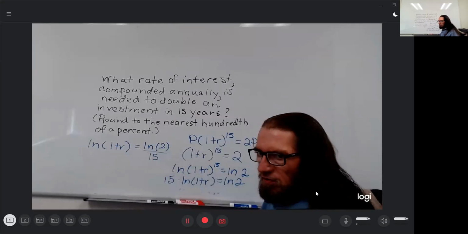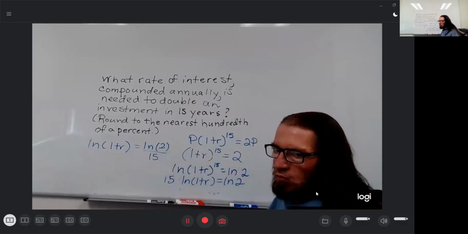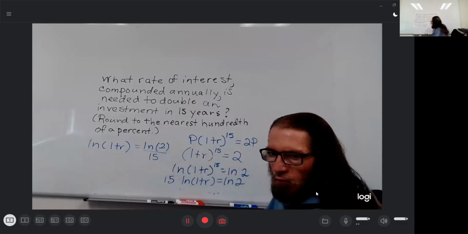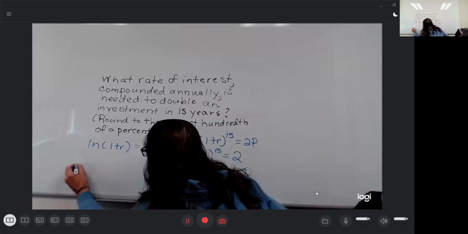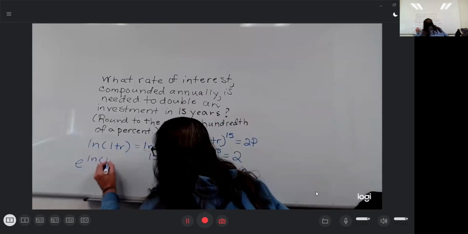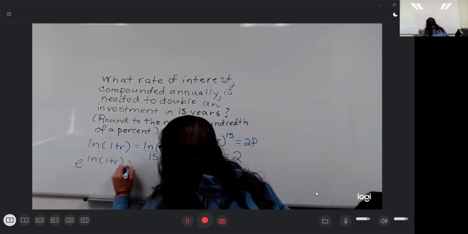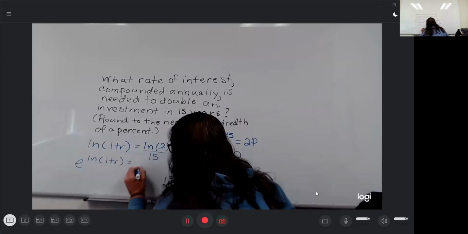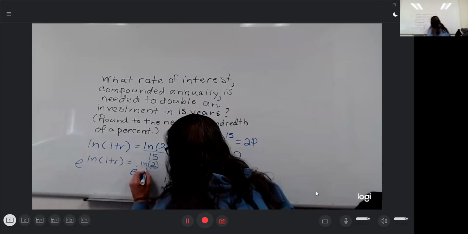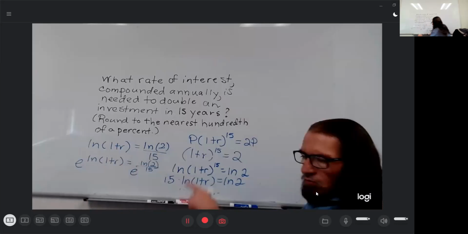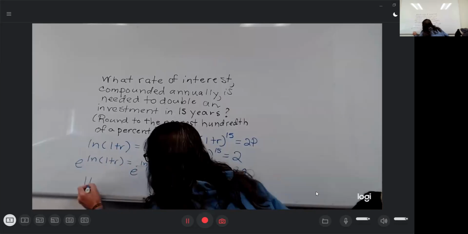To get rid of that, I would have to use that as a power for e. Cancel out on the left-hand side.